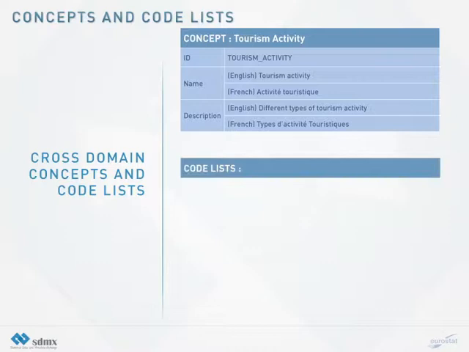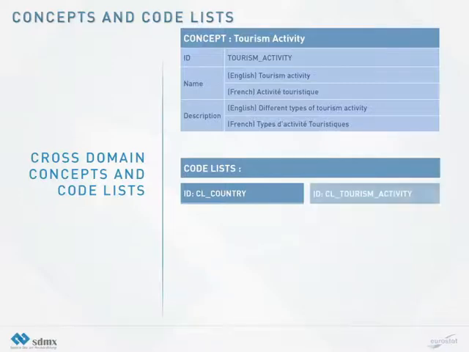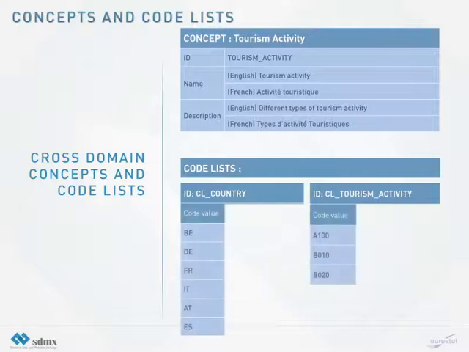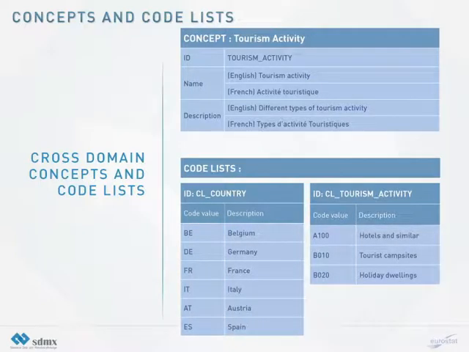A code list is a set of values to be used in the representation of a concept, dimension or attribute in data and metadata structure definitions. Examples are the code lists country and code list of tourism activity. Each code is defined uniquely by a value and a description that can be provided in several languages.